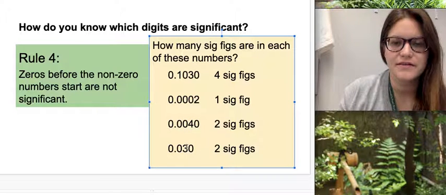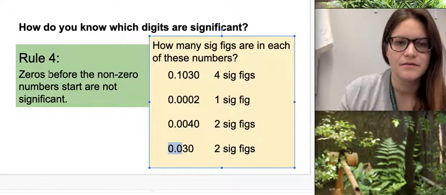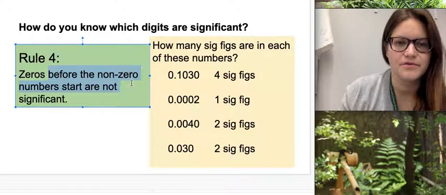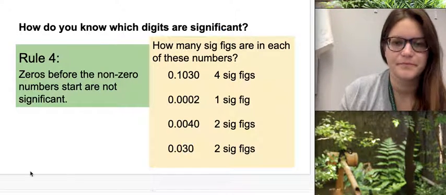And this one is basically the same thing as this. It just has one fewer leading 0. These 2 zeros are not significant because they come before the non-zero numbers start. And then this 0, because it comes after the non-zero numbers and there's a decimal point here, it does get counted. So those 2 are the significant figures.